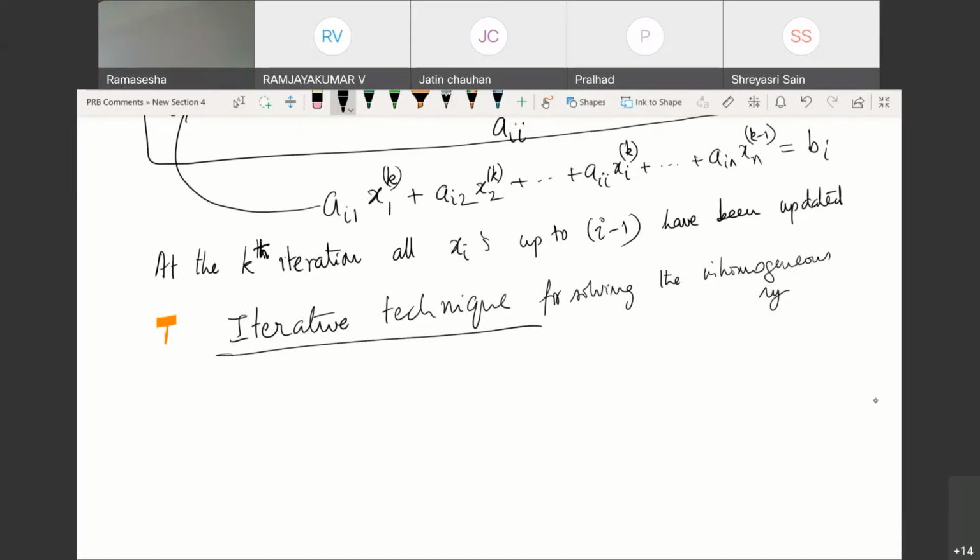I think for today I will stop here, and in the next lecture I will start with the homogeneous equations, as well as the case where the number of equations is not equal to the number of unknowns, and we have both a homogeneous and an inhomogeneous system.